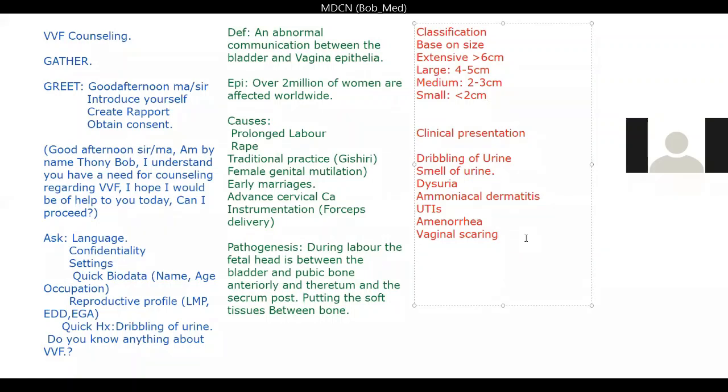Immediately after we talk about the clinical presentations, the next thing to talk about is the complications. What are the complications people might face? Endometritis, recurrent infection. Doctor, somebody who is having dribbling of urine, it can result into emotional trauma.